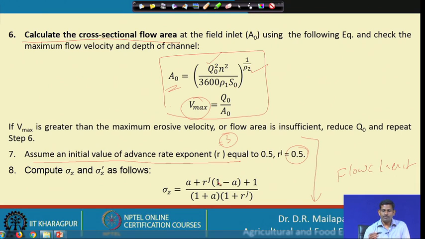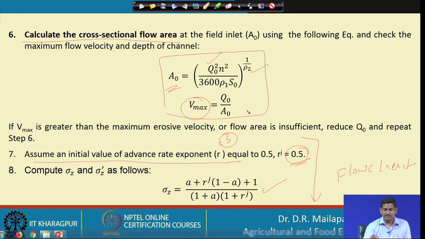For 0.5 we are going to find out sigma z and find out the time at the advance point, I mean the field end, and the time at the middle of the field, and then find back the B value. If the B value is close to the assumed value, then that is fine; otherwise you have to change the B value and recalculate the final advance point and the middle advance point. As long as the B values are close, you get the B value as well as the two advance points.